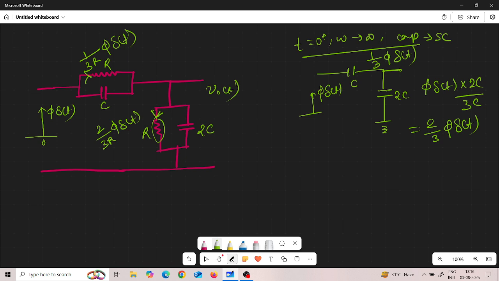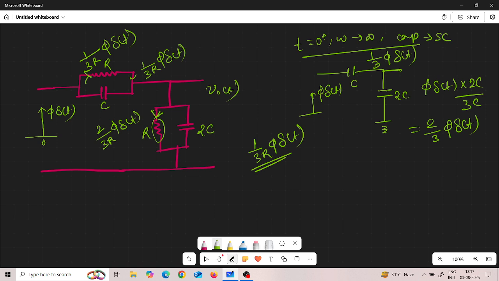Here the amount of current flowing is 1/(3R) Φδ(t), and here the current flowing is 2/(3R) δ(t). So what is the remaining current? 1/(3R) Φδ(t).